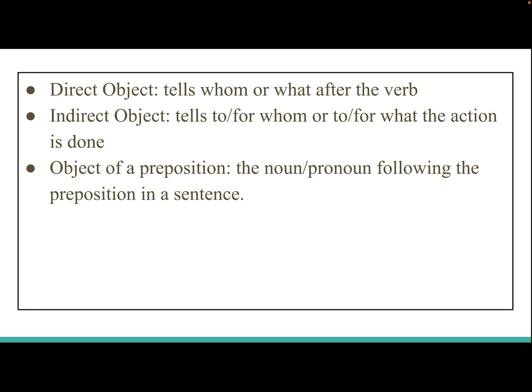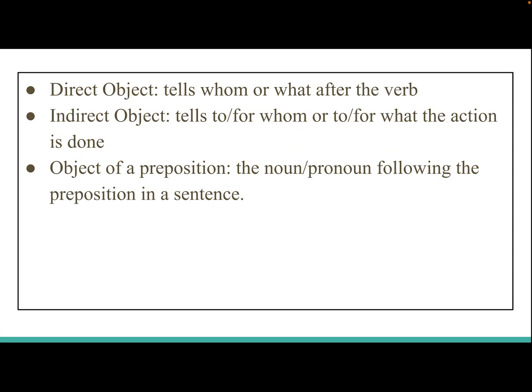What's the direct object? It tells who, whom, or what after the verb. It's who or what receives the action of the verb, and it's found through asking who or what after the verb.